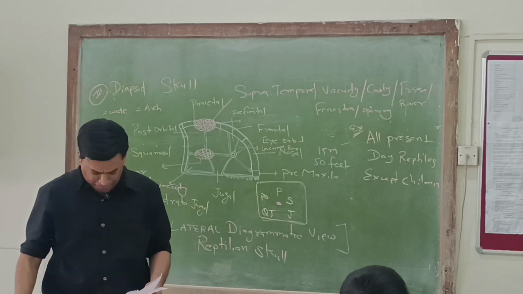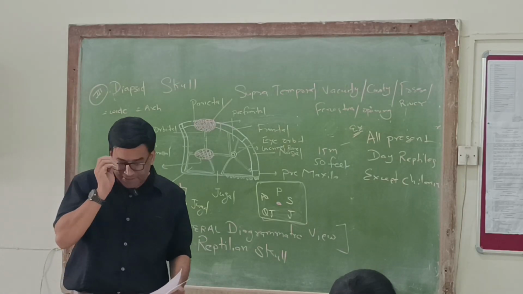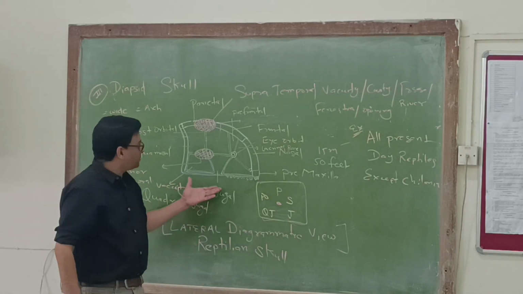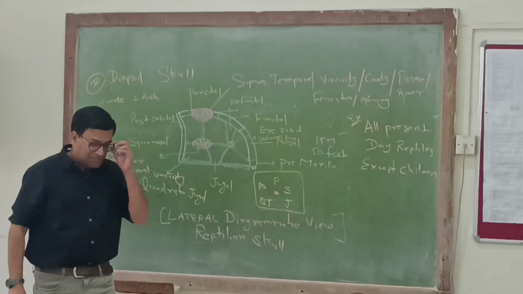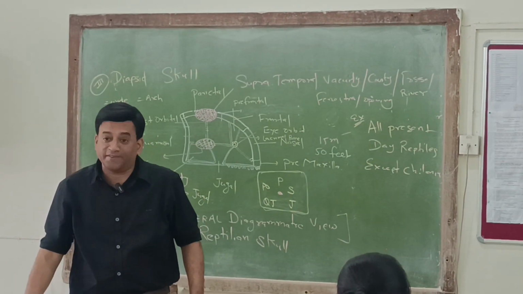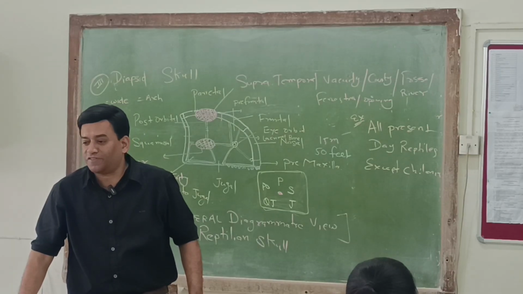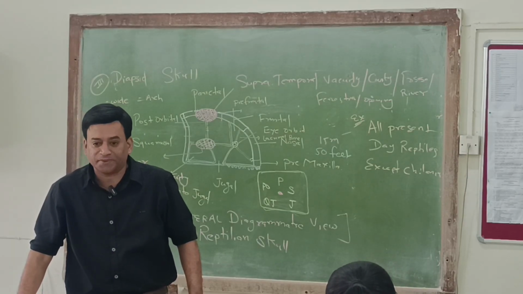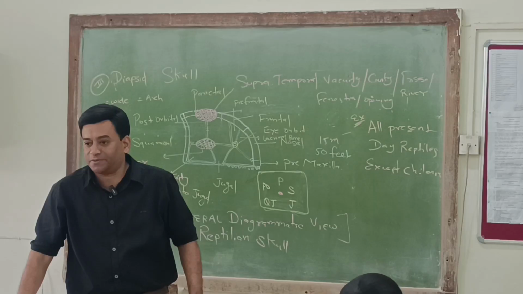Got my point? Snakes, lizards, all have this plan. They have two vacuities, two holes, two fenestrae in their skull, and hence they were very successful because they got a lot of space for their muscles to get attached, and also their skull became lightweight. Why?